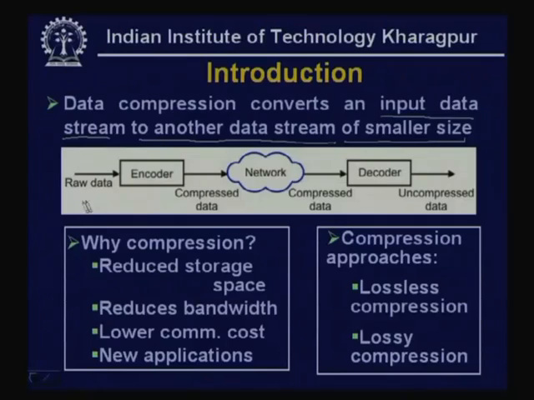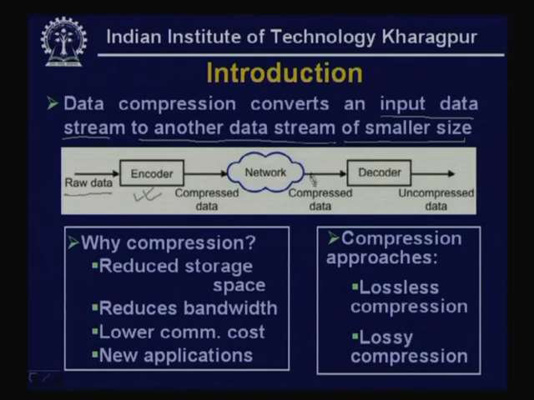For example, here we apply the raw data to a device known as encoder. The device which performs the compression is known as encoder, and after this encoder performs the compression, the compressed data is sent through the network, and the compressed data is received at the other end by the decoder, which converts back the compressed data to uncompressed data.